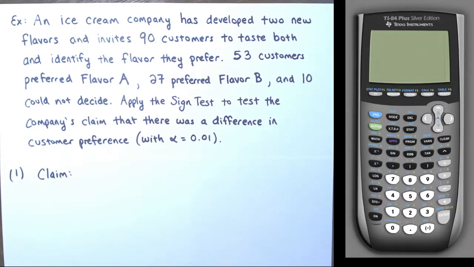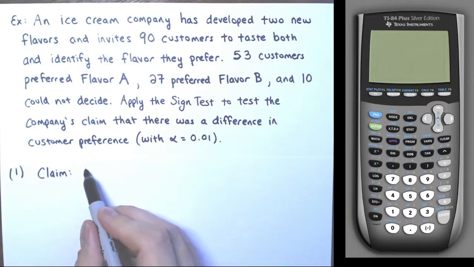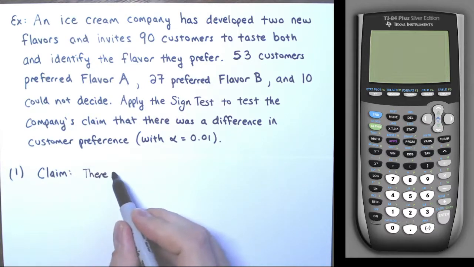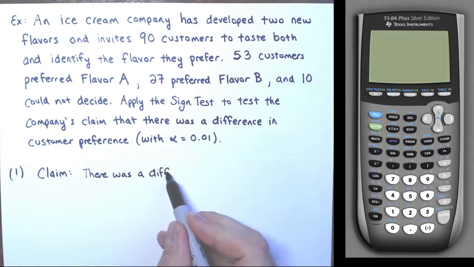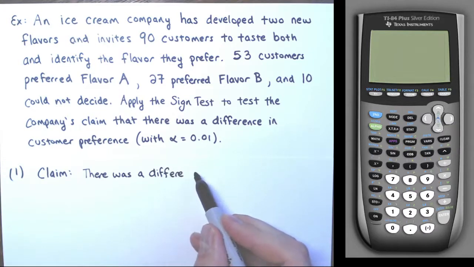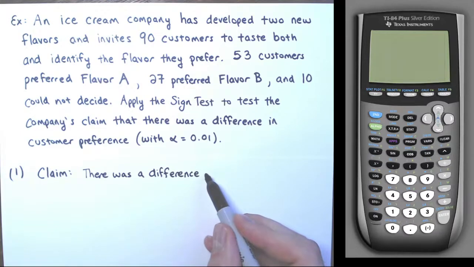They didn't say more customers preferred flavor A or more customers preferred flavor B. They're just saying that there was a difference. They're not pointing out one way or the other which ice cream flavor was mostly preferred. So the claim is there is a difference in customer preference.